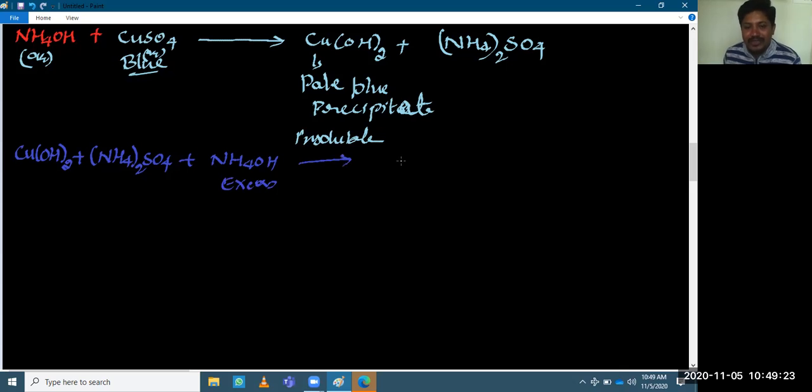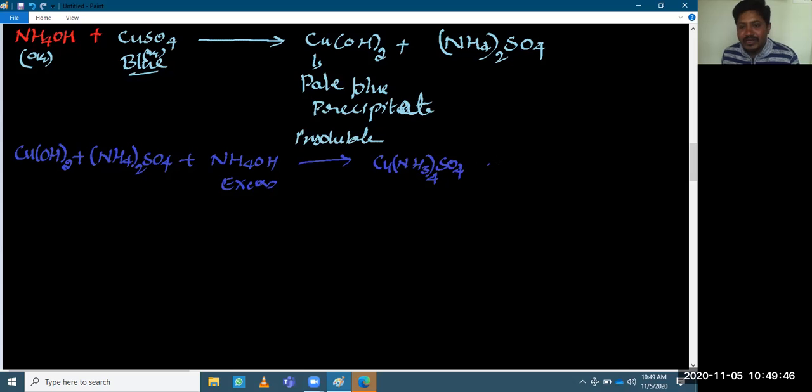Definitely here we'll get a soluble salt, the salt of tetraamino copper sulfate. So I can write the formula, that is Cu(NH3)4 SO4.